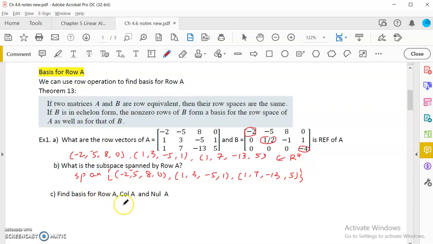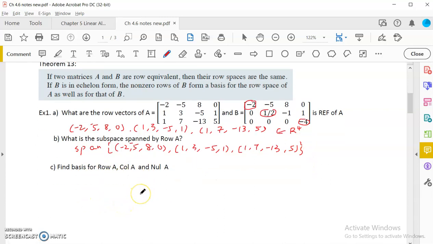So what are the bases for row A then? For row A, like what I said before, you use the REF form and look at all the prefix positions in each row. The rows with the prefix position, that means the non-zero prefix position rows, become the basis.